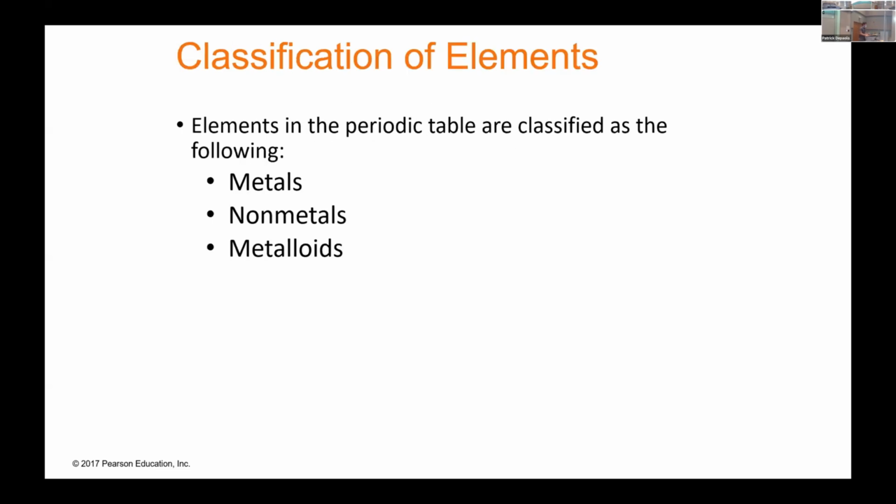Well, I'm going to say one thing first about the periodic table. It's not perfect. Think of it as this: we are humans, and we tried to find the best way that we can organize things that are naturally occurring in a way that makes sense to us. That's what the periodic table is. There are some cases where you ask, why is this over here? Because there's nowhere else to put it. That's the answer for a couple of things.